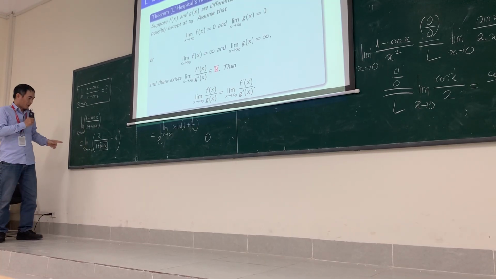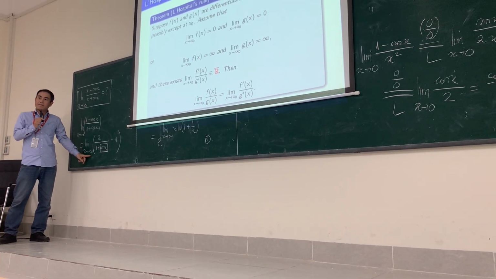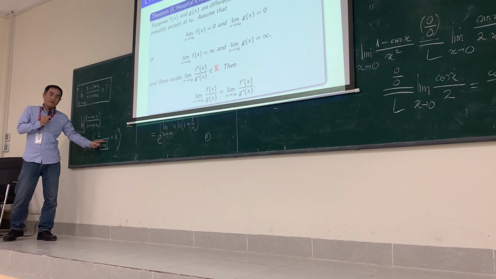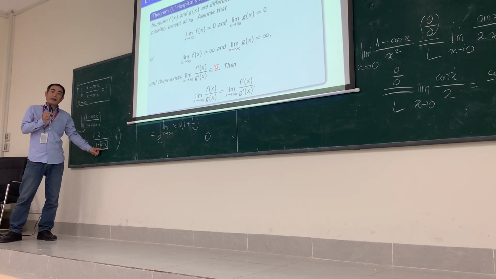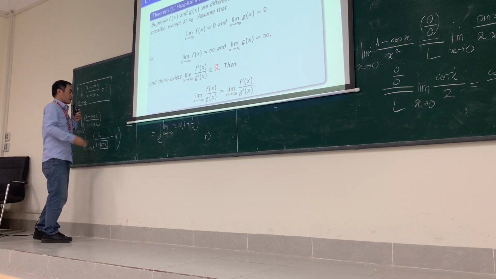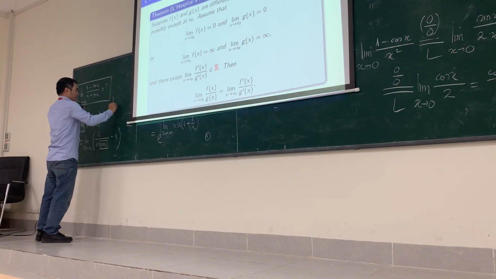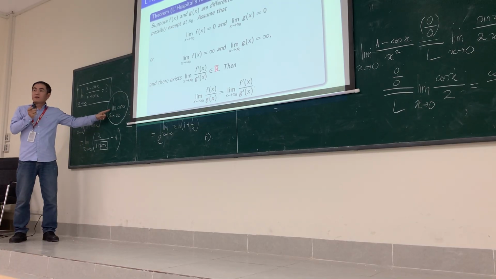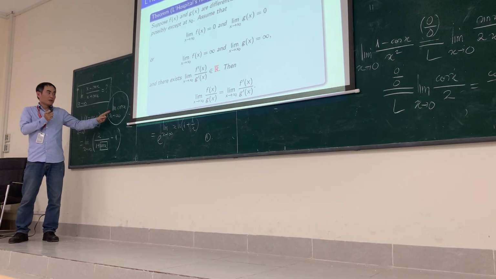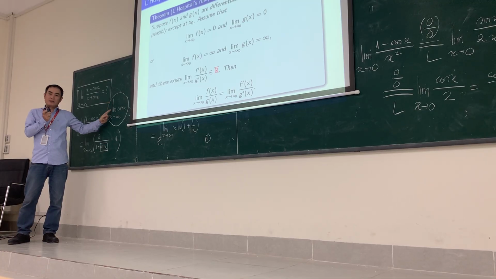Now you can see that when x tends to infinity, the function cosine x doesn't have a limit. The limit here doesn't exist.